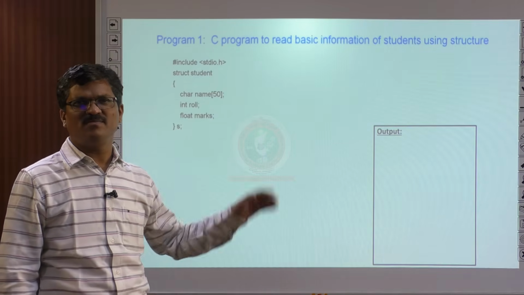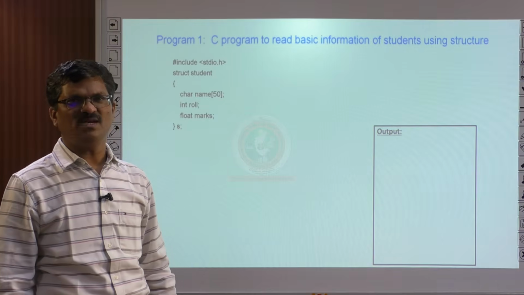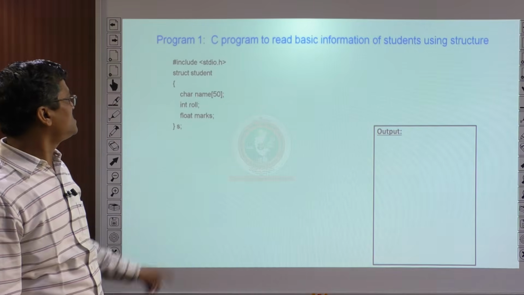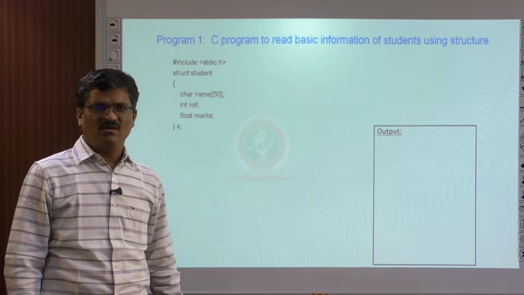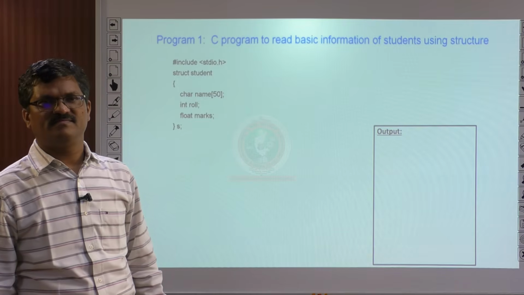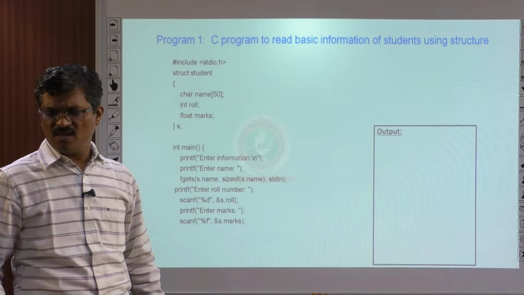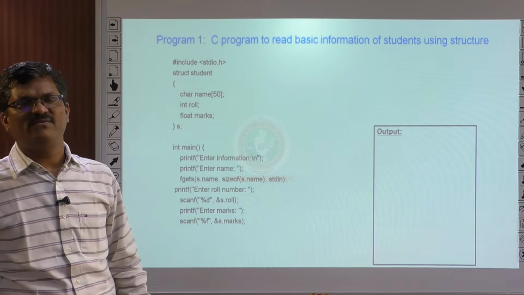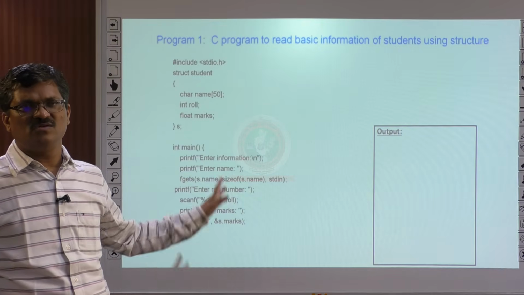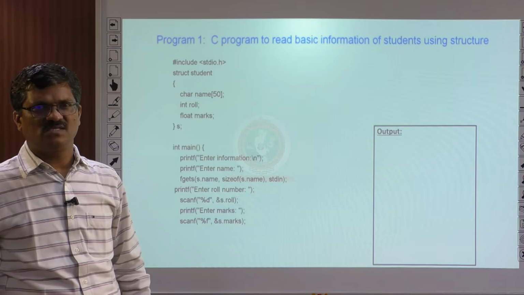These are a few of the members associated with the struct student, and we will define S as a structure variable, so that we can read the members of the structure using this structure variable S.